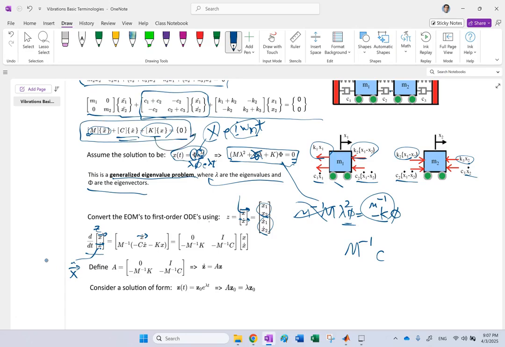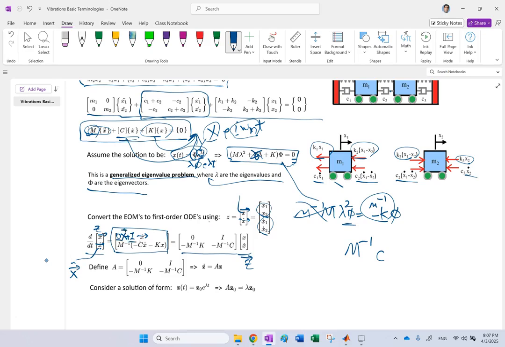I take k to the other side and c to the other side, and then multiply both sides by m inverse. So you will get negative m inverse c x dot and negative m inverse k x, which is exactly this. Good? Now this, I can write it as some matrix times the original z, which was x and x dot. How? Well, this x dot, I can write it as 0 times x plus I times x dot.